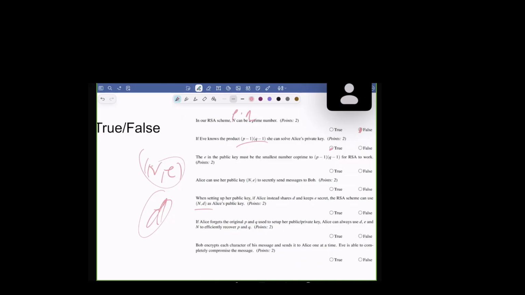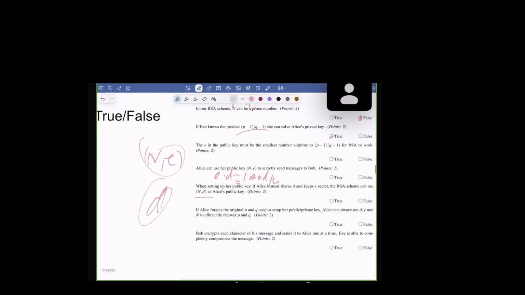Recall that D and E are inverses, right? So in either scenario, it'll still be ED equals 1 mod N, right? So would it really be a change? There wouldn't be any change to this. So if you want to switch them, theoretically you could.